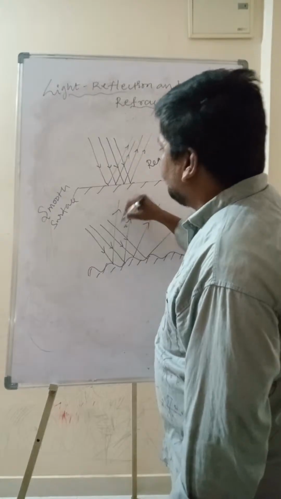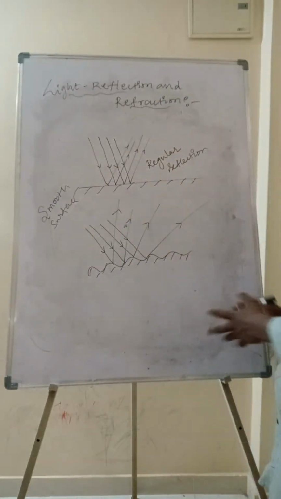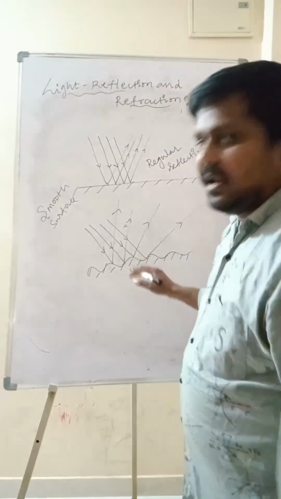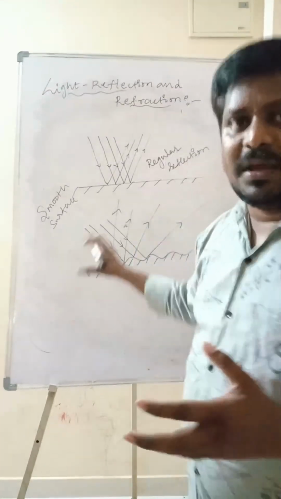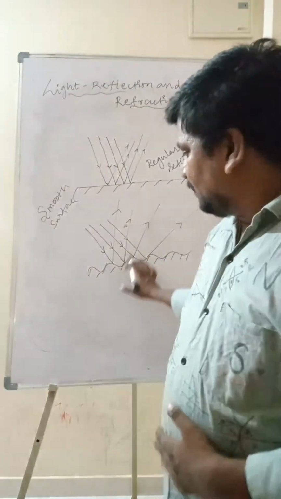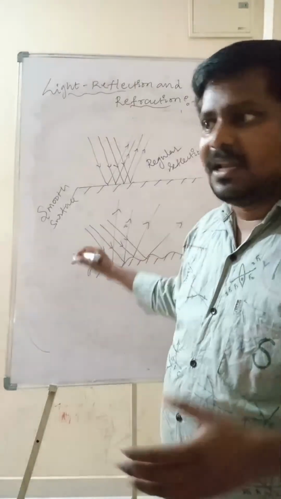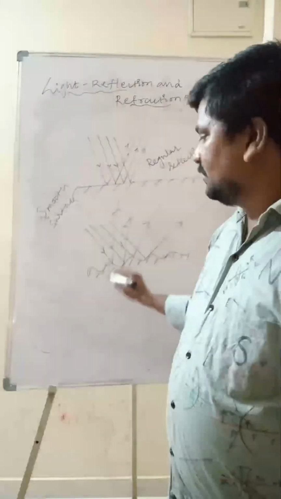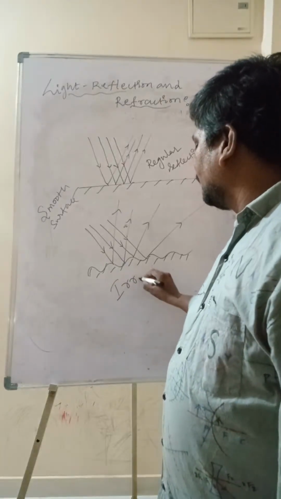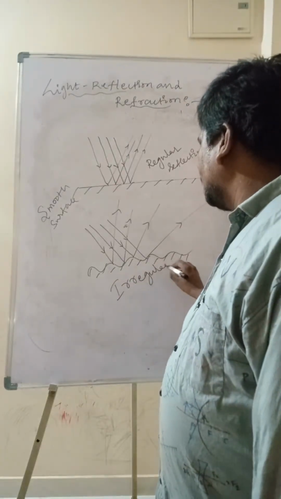This type of reflection is called irregular reflection or diffused reflection. When the incident light rays are parallel, the reflected light rays are not parallel to each other, so they move in different directions. This type of reflection is called irregular reflection.